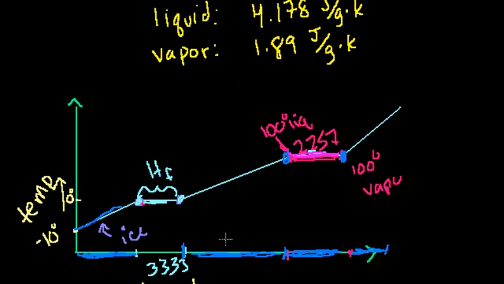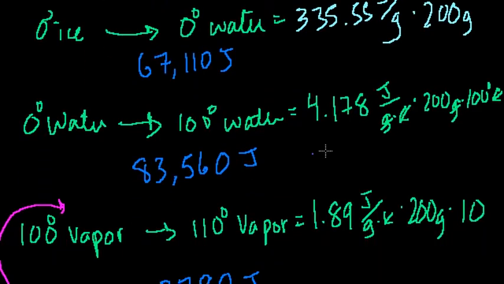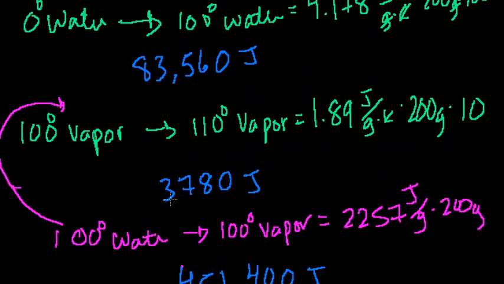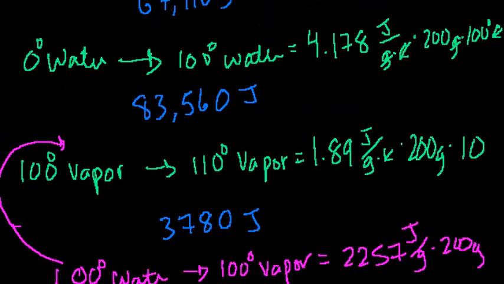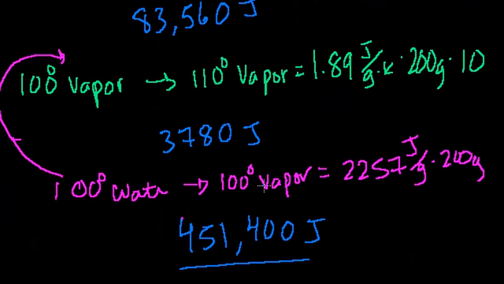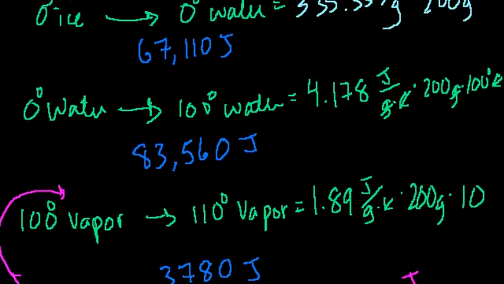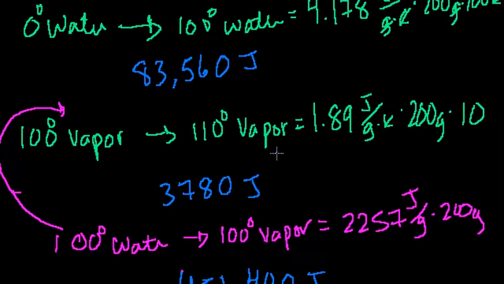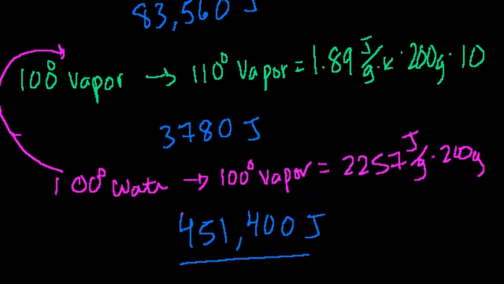So this piece right here is 451,000 for our sample of 200 grams. This piece right here was 83,000 joules. This piece right here was 3,780 joules. So to know the total amount of energy, the total amount of heat that we had to put in the system to go from minus 10-degree ice all the way to 110-degree vapor, we just add up all of the energies for all of these steps.